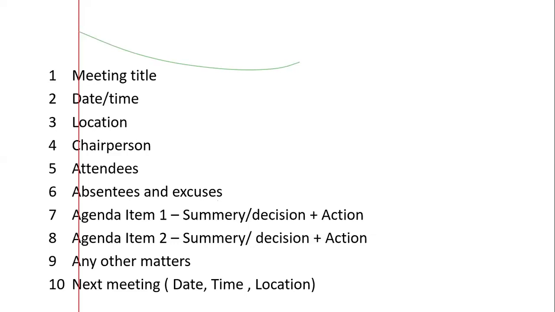First, attendees present. Second one is excuses. Third one is absent. Excuses means the people who have sent a message saying that today I am not able to participate in the meeting personally, please excuse me.